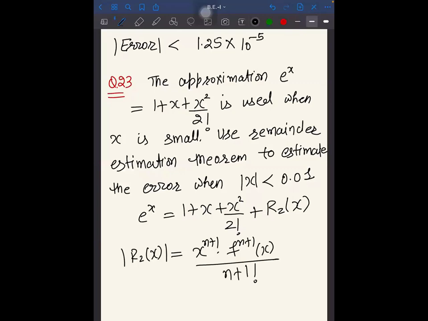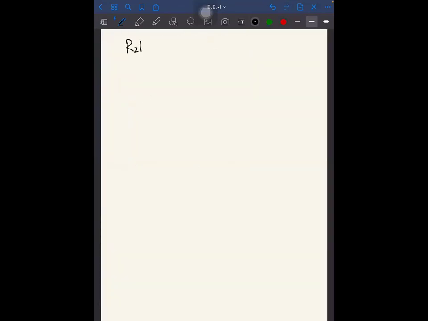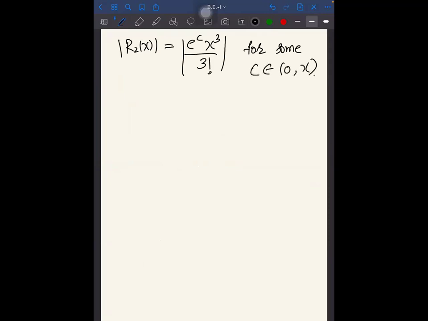So if this is n, then your R2(x) would be, for 2 it will become 3, and the derivative of e raised to x is e raised to c, and x cube by 3 factorial, for some c belonging to 0 to x. That's how we write it.